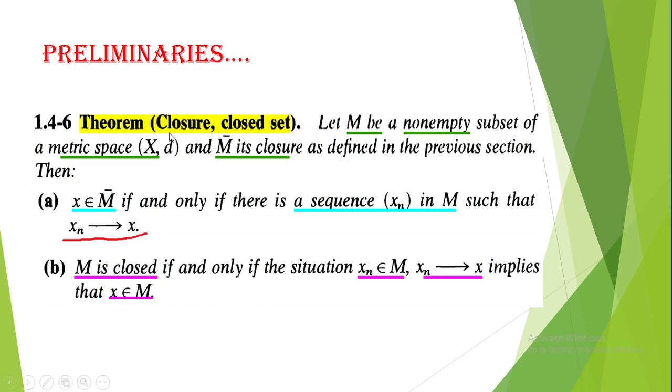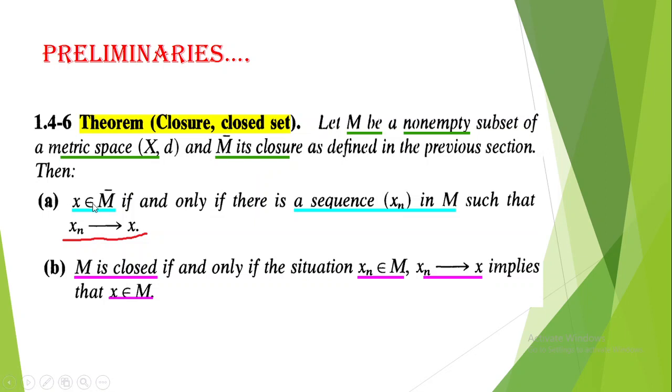We have some properties of the closure. We have a theorem on closure and closed sets. Let M be a non-empty subset of the metric space X, and M bar its closure as defined in the previous slide.